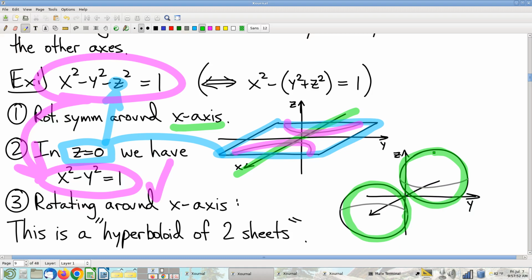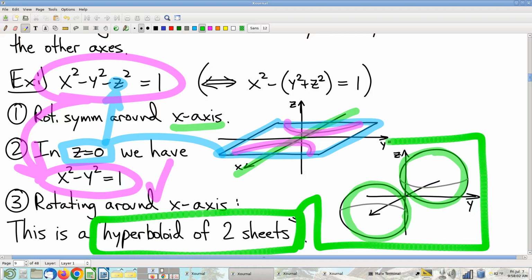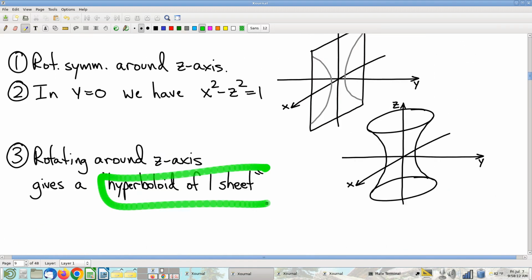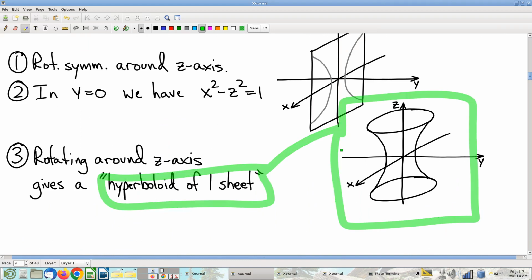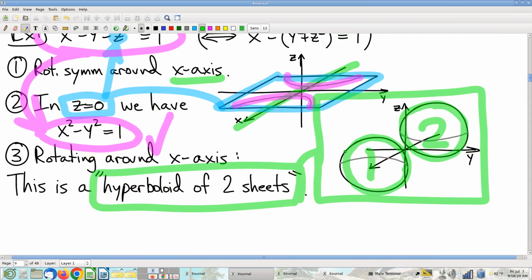But anyway, this surface here is also a rotation of a hyperbola, so they like to call it a hyperboloid, but we have to distinguish it from the hyperboloid we just saw. This, you'll notice, has kind of two separate chunks in it, so they call this a hyperboloid of two sheets to distinguish it from this hyperboloid of one sheet. Okay. Is everybody happy?